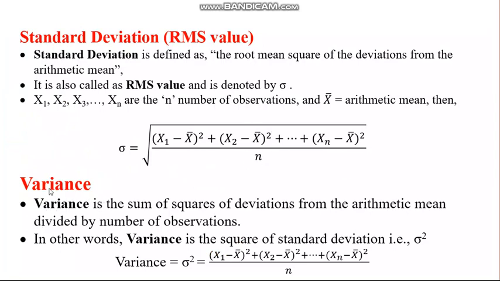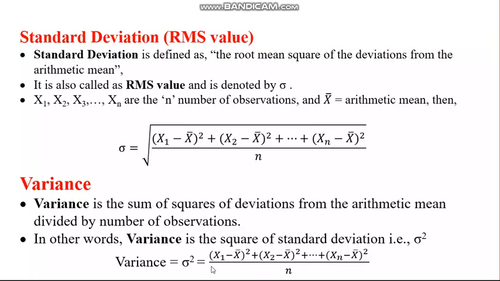Now variance. Variance is the sum of the squares of deviations from the arithmetic mean divided by the number of observations. Variance is nothing but the standard deviation squared, that is, sigma square. In the formula we just got, if you remove only the square root, you get the variance.